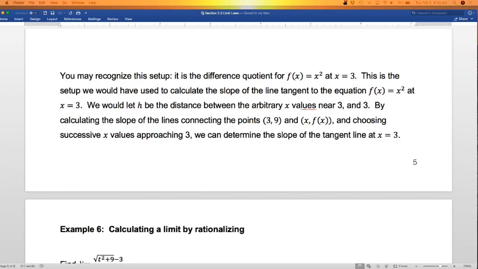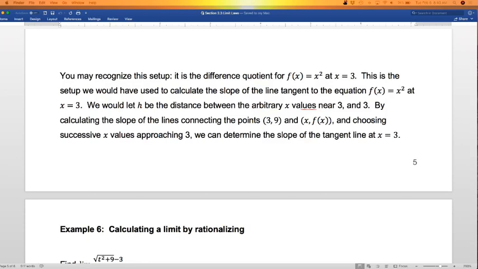And so h would be the distance between the arbitrary x values near 3 and 3. So it'd be some value near 3 minus 3. And by calculating the slopes of the lines connecting the points 3, 9, and some x value, and choosing successive x values approaching 3, we can determine the slope of the tangent line at x equals 3.